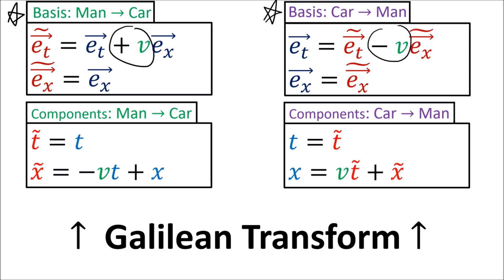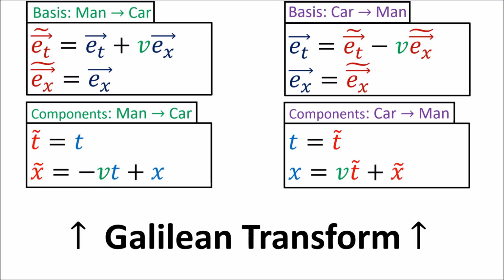That means that if we use one set of formulas and then the other, we end up back where we started. The formulas for changing components are also opposites. There's a minus v here and a plus v here. And you can check for yourself that if we use one set of formulas and then the other, we end up back where we started, with the original variables being equal to themselves.